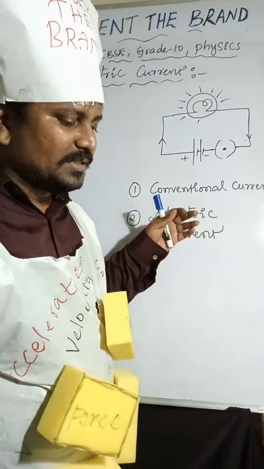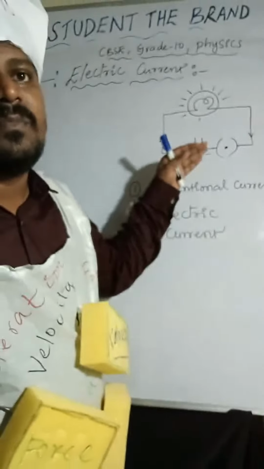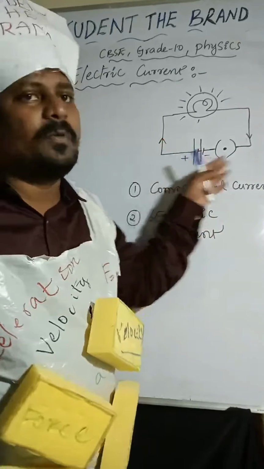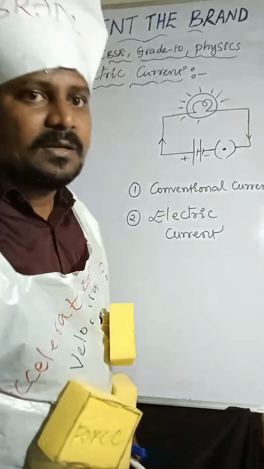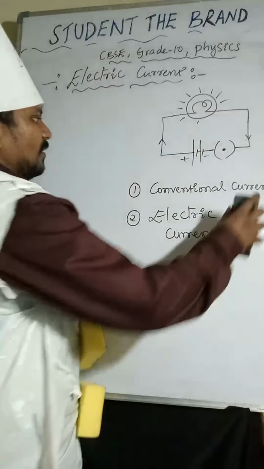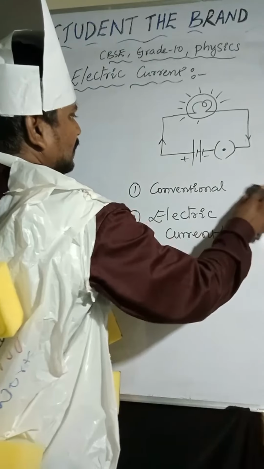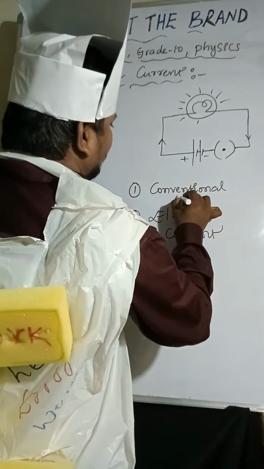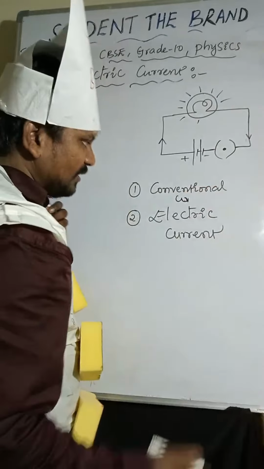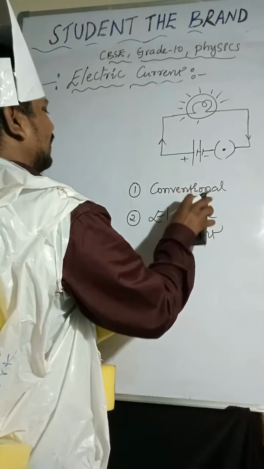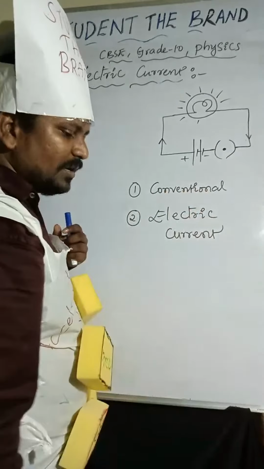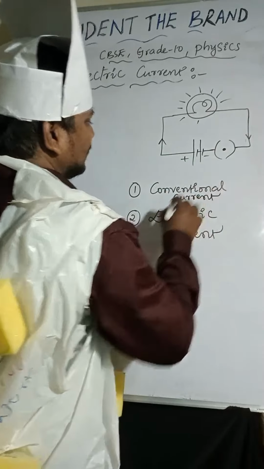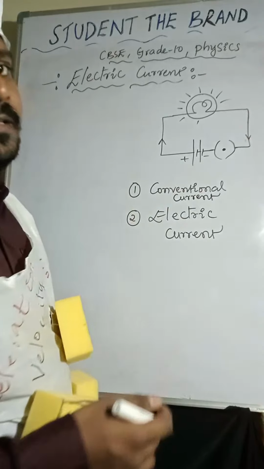Positive charges will move from high potential to low potential, whereas electrons will move from low potential to high potential. Is it clear? Previously, before the discovery of the electron and proton, it was already stated that the flow of positive charges is taken as current.